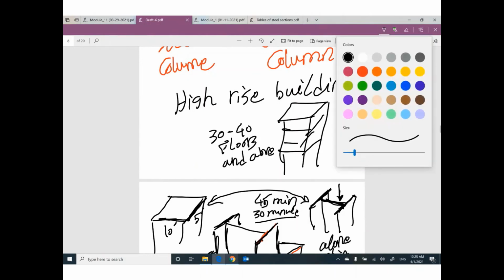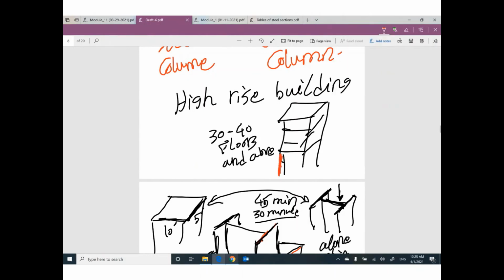If you have this number of floors, I expect a huge reaction at the bottom on the column. This huge reaction cannot be supported by concrete alone, cannot be supported by steel alone. We expect buckling. So the best scenario is to construct a composite column, concrete with a steel column, and the reinforcement also.